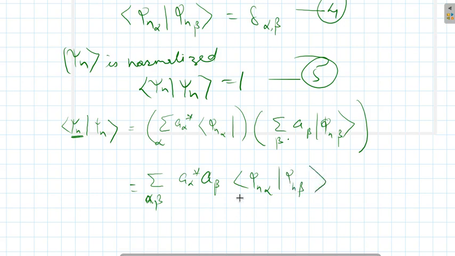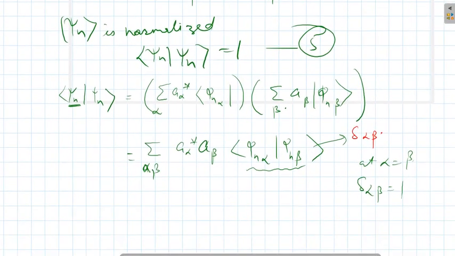So at alpha equal to beta, this delta function will become 1, and the value will be a delta function, delta alpha beta. So if I put its values here, then this equation will become summation over alpha beta, A alpha star A beta, delta alpha beta.